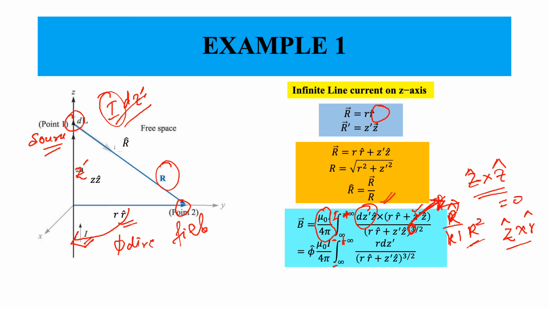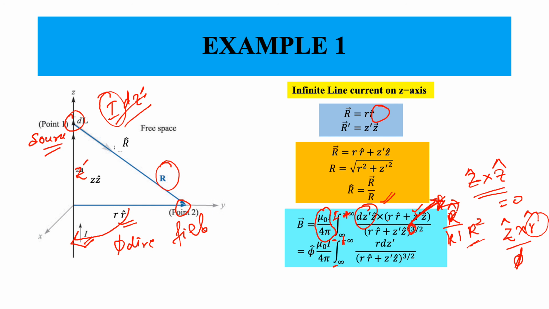This phi would come outside because it is not a function of z, so phi is always directed along the same direction.